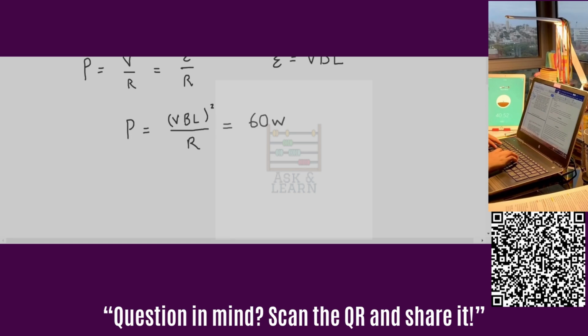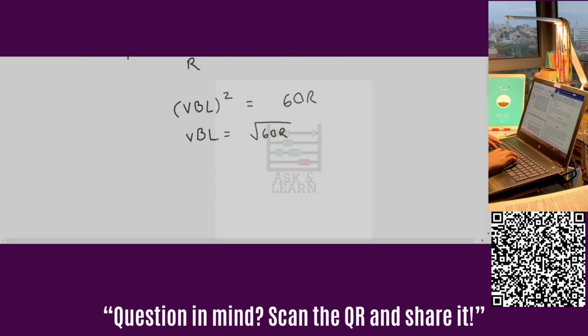So if we multiply both sides by R, we'll have 60R. Take the square root of both sides, and we'll have VBL equals the square root of 60R. And then divide both sides by BL. So we'll have the velocity needs to be the square root of 60R divided by BL.